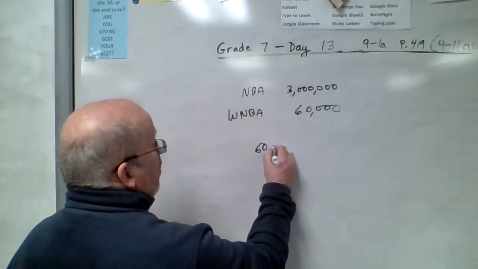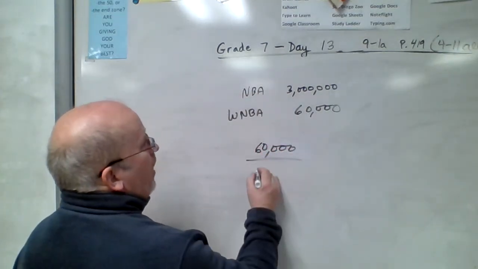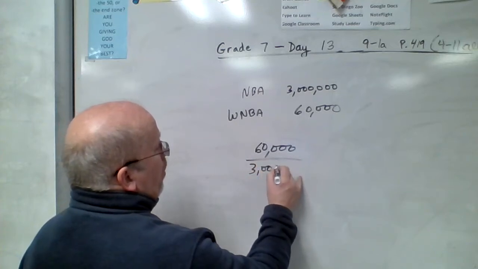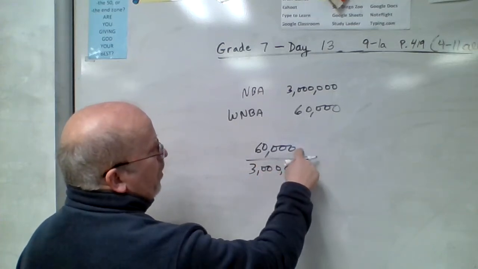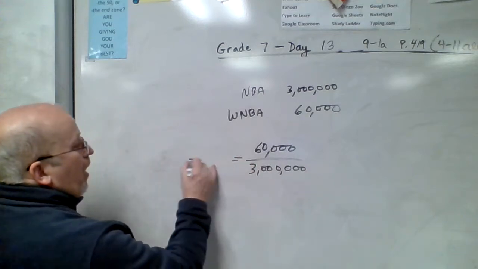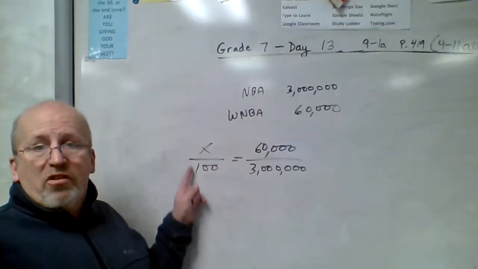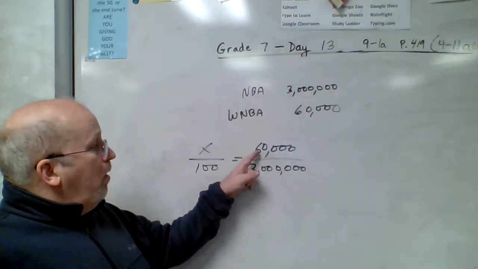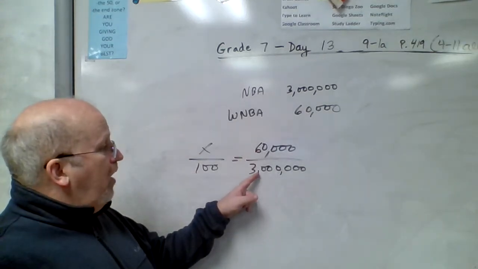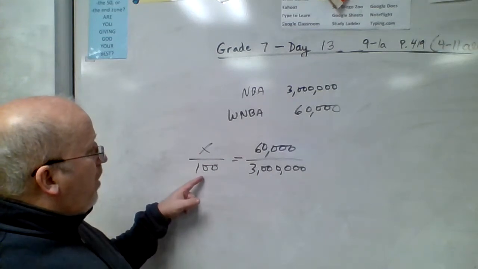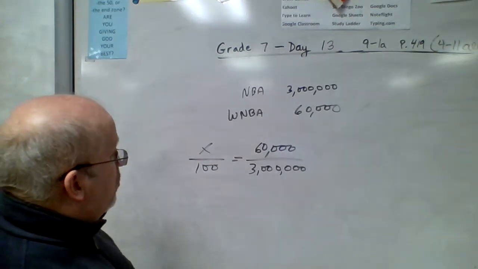Well, here's what I would do. I would create a proportion in which I'm comparing the WNBA to the NBA, and since we're dealing with percents, I'd make it equal to X over 100. WNBA compared to NBA, X over 100, and I'd solve this proportion.